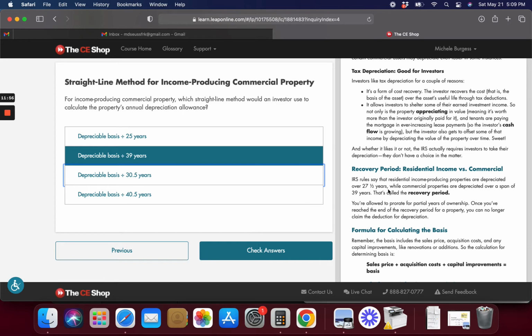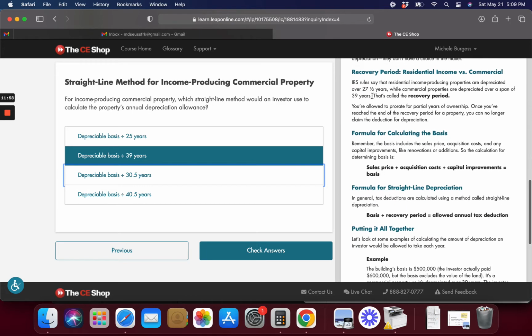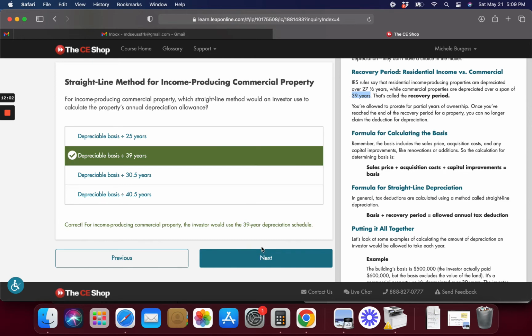Oh, here it is, 39. Over a span of 39, okay. Commercial properties are 39. Regular houses are 27 and a half.